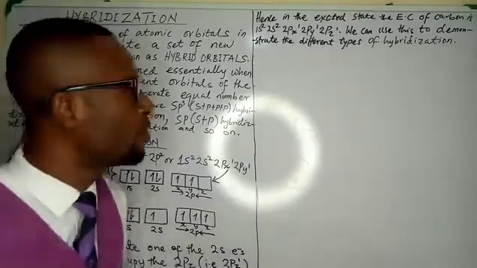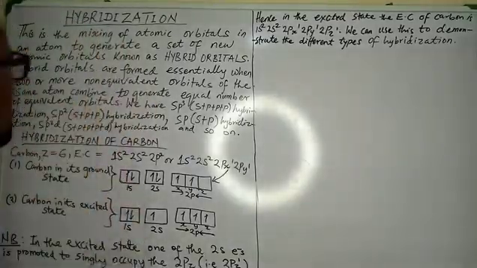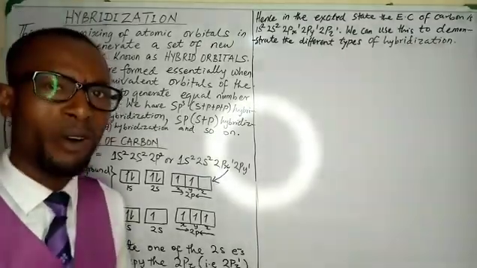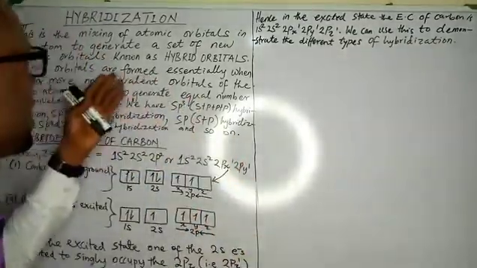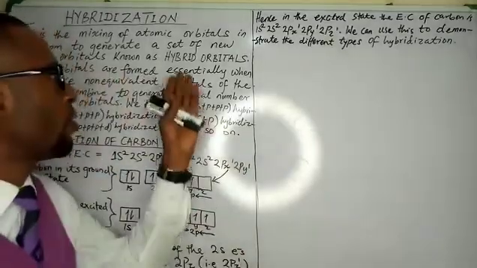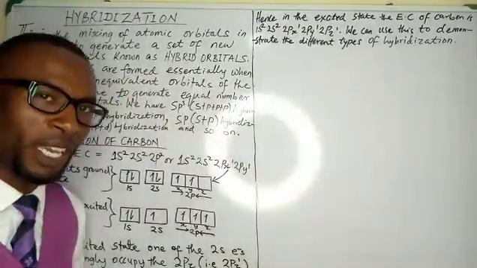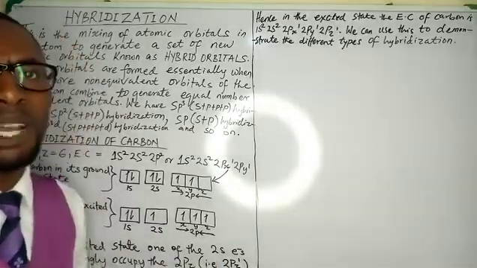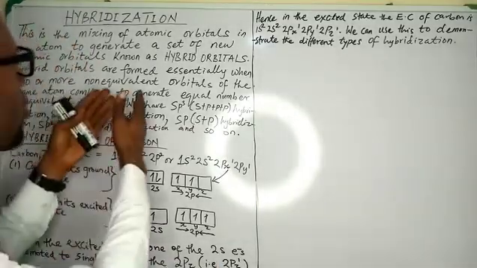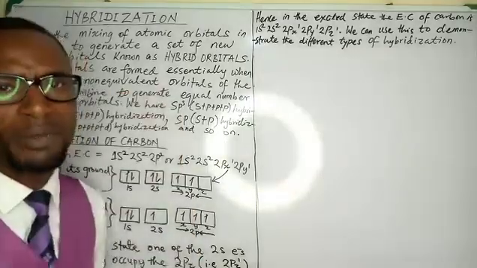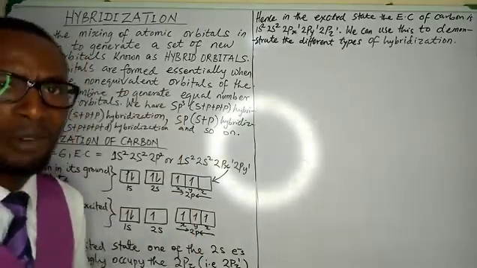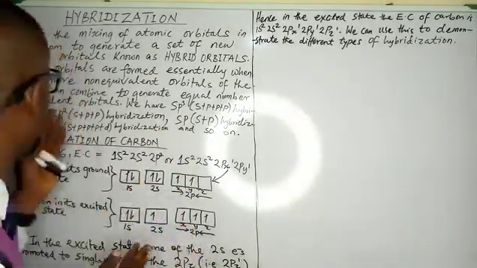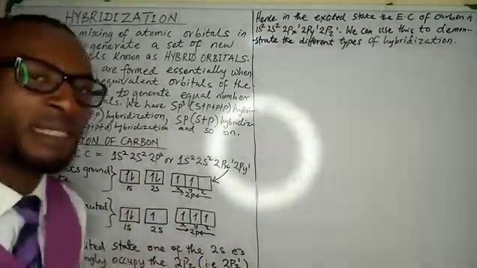Okay? So when you talk about hybridization, you are talking about how atomic orbitals mix or combine to generate a set of new atomic orbitals called hybrid orbitals. Hybrid orbitals are essentially formed when two or more non-equivalent orbitals of the same atom mix or combine to produce an equal number of equivalent orbitals.